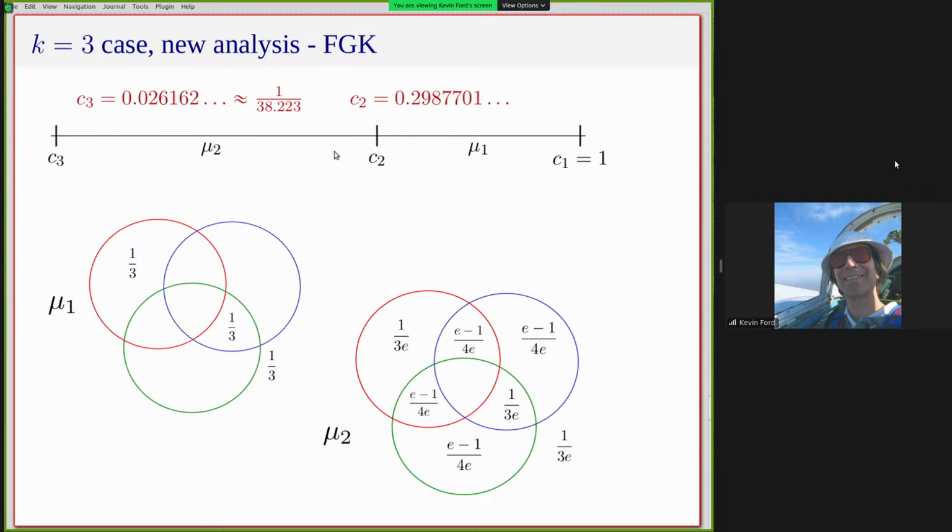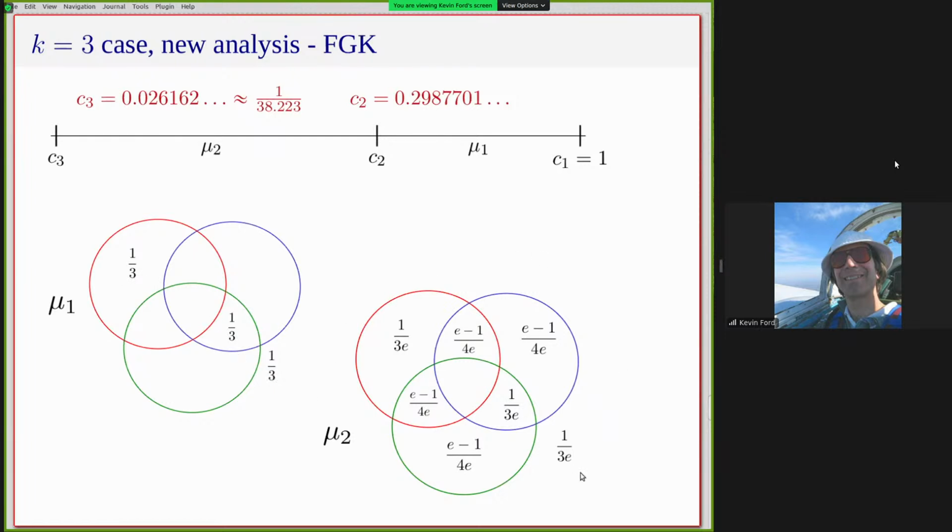The ratio C2 to C3 is much larger. This is something corresponding to 1 minus 1 over log 3, but not exactly. It's slightly different. So on the upper set, we do exactly what we did before. Our measure will be supported on 3 parts, 1/3, 1/3, 1/3.